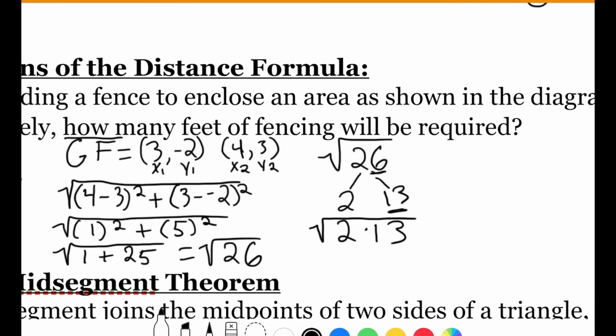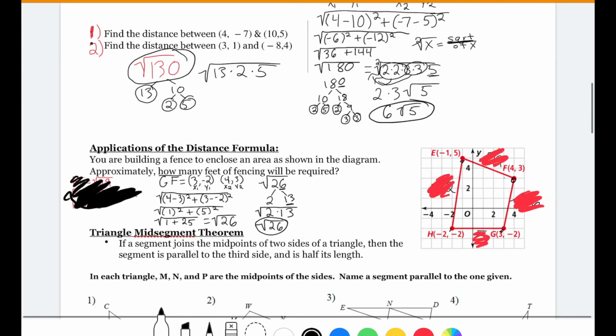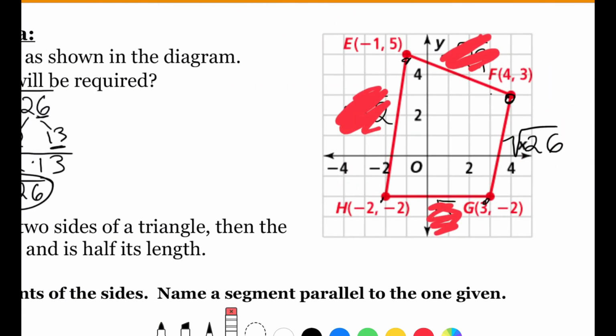There is no pair of numbers underneath the radical where we can move it out. So we would simply have to go back to the square root of 26 as our answer. So the distance between G and F is the square root of 26. So pause the video and see if you can find the other 3 distances.